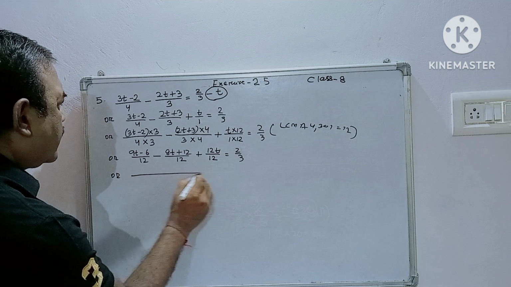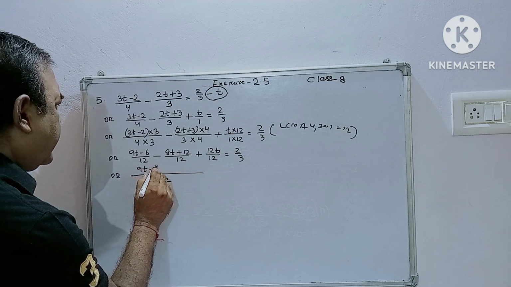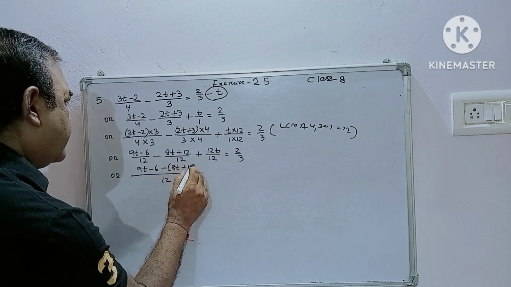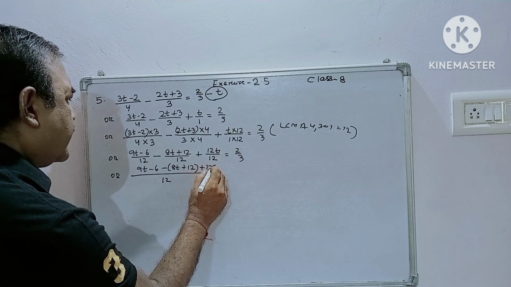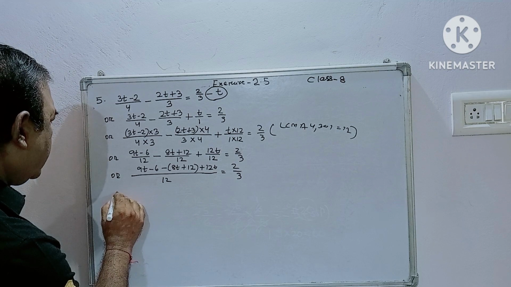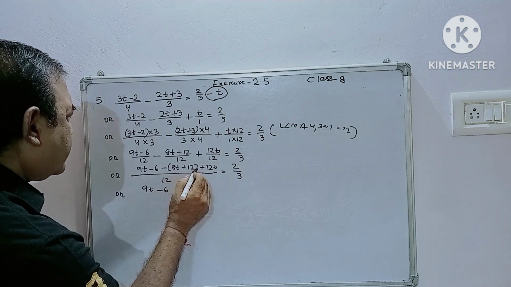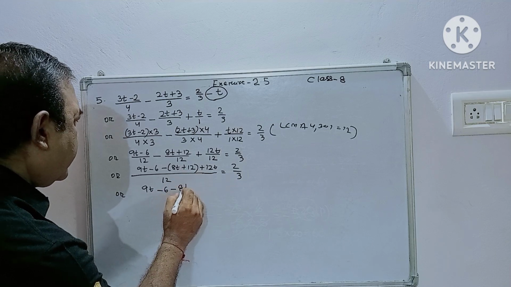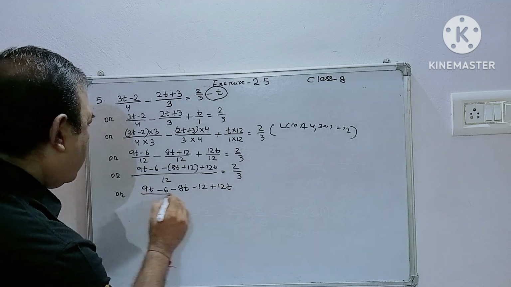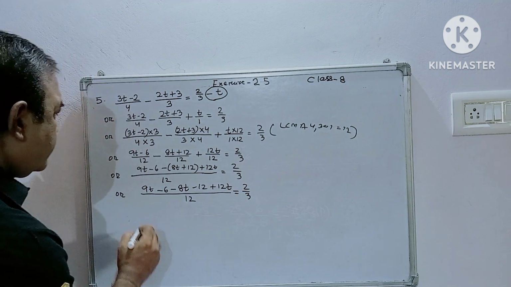The common denominator is 12, so what will you write in the numerator? 9t minus 6 minus (8t plus 12) plus 12t, that is equal to 2 upon 3. Or 9t minus 6, you release the bracket here, minus 8t minus 12 plus 12t, whole divided by 12, that is equal to 2 upon 3.